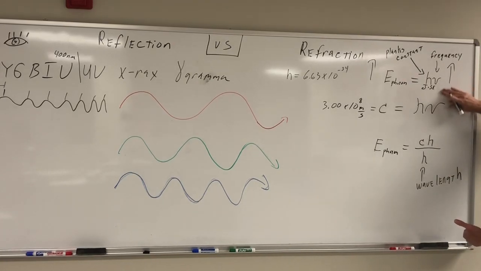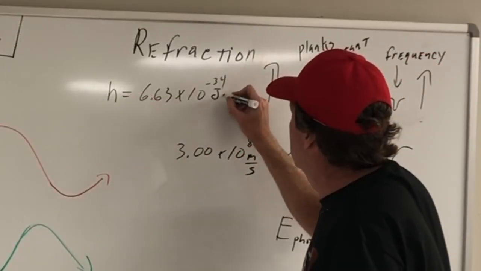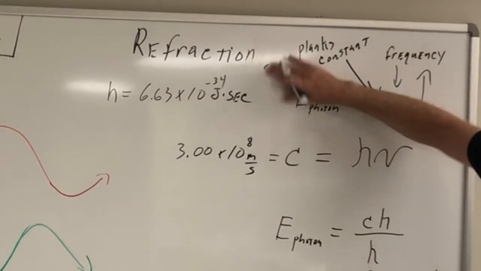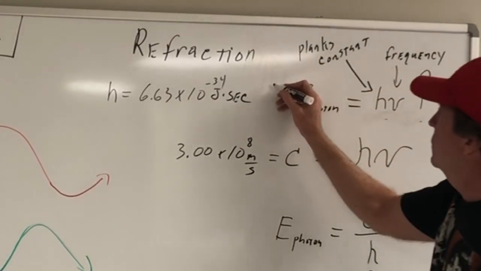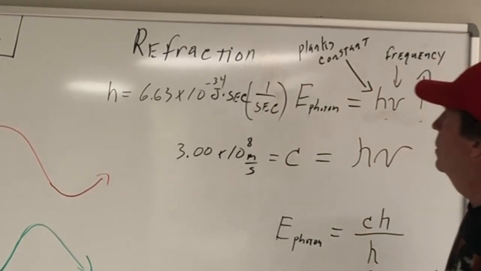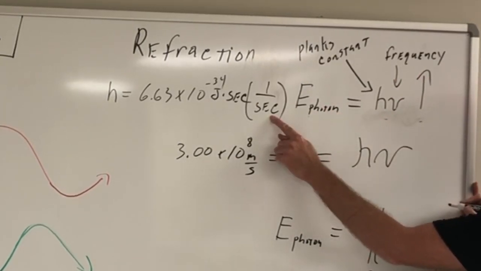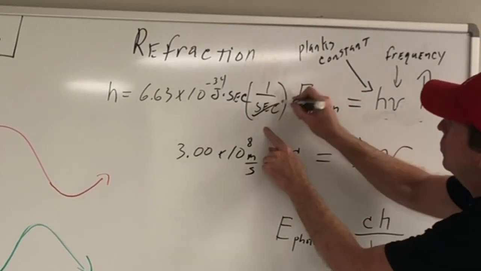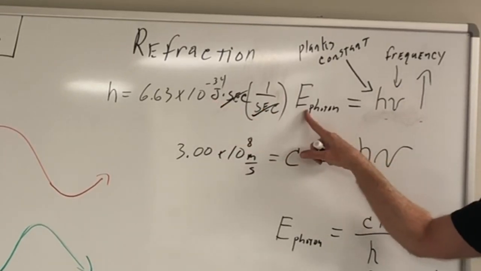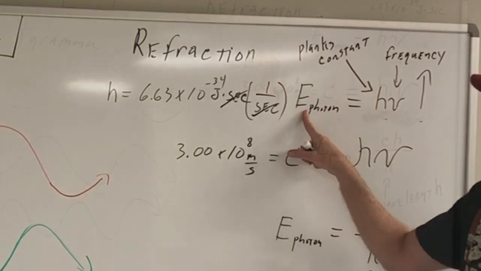So let me write that over here. So this is joules times seconds. And notice there's my frequency, the units for frequency, cycles per second, inverse of seconds. Notice that cancels, and sure enough, we're left with joules as our final unit of energy.